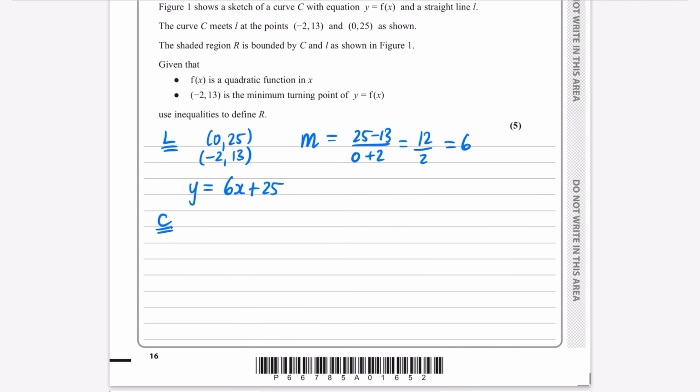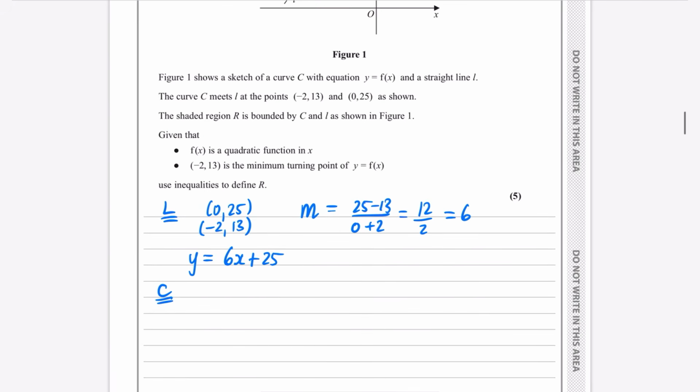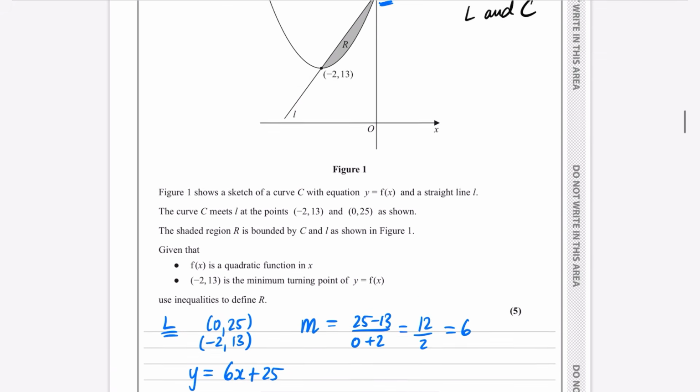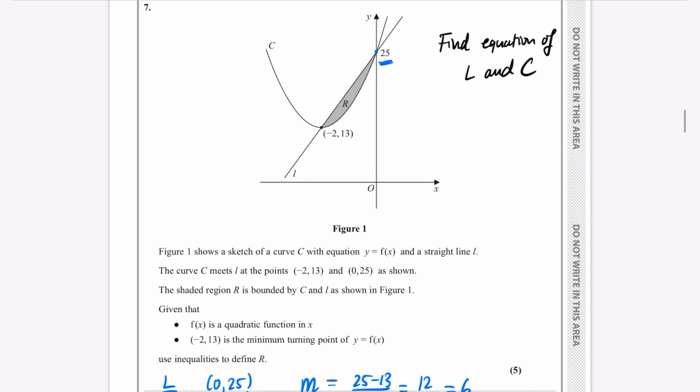Now we're going to think about the curve for a second. We know that the curve has a minimum turning point at -2, 13. So if it's got a turning point at -2, 13, it would be x plus 2 squared plus 13. However, remember, it needs to go through 25. So we need to have a scale in front of this in case it doesn't go through 25.